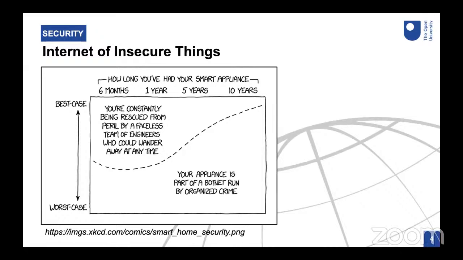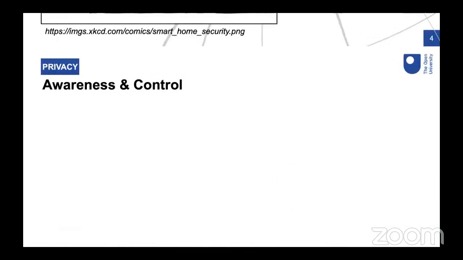And so I'm now going to move on to talking about privacy and how we can use the concept of awareness and control to think more broadly beyond just security, and to ensure that people can have control over how others can access their information and their physical space.